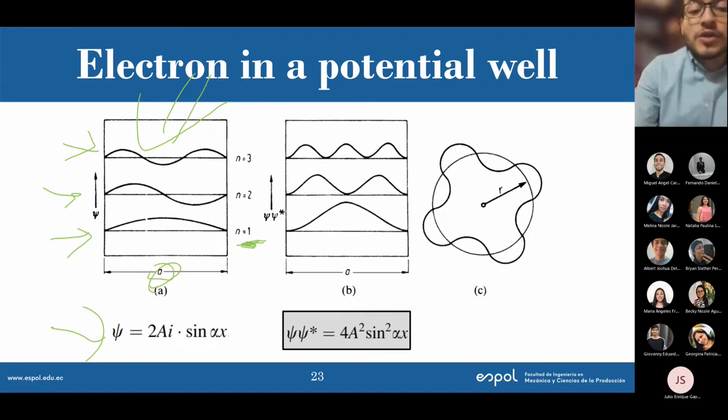You can obviously repeat this periodically, but in the A range you only have one parabola or one wave, which I think is a better term. The same happens for n equal 2 and for n equal 3. We all see that, right?